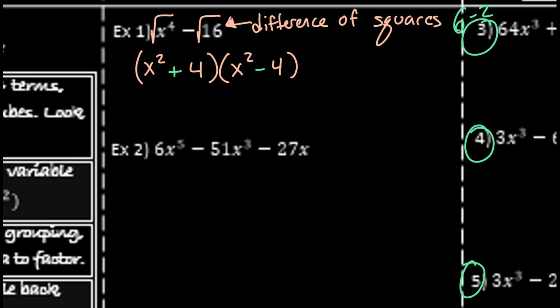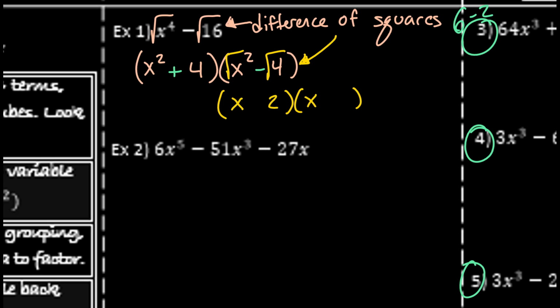What or how could we factor the second one? Again, difference of squares, guys. We just did it a second ago. They're both perfect squares. What is the square root of x squared? X. What is the square root of 4? 2. Do I write it just once?